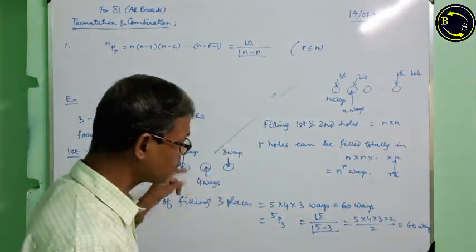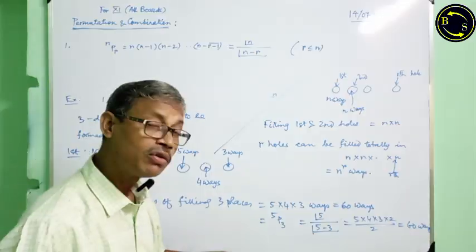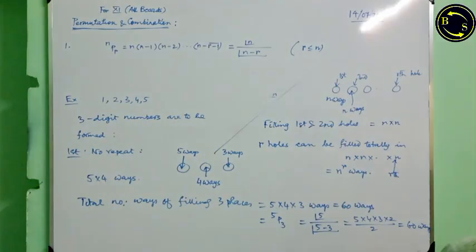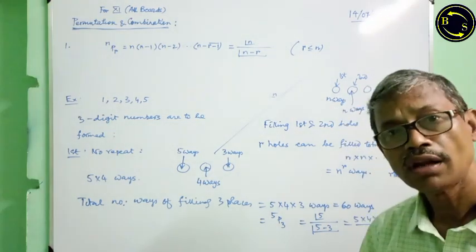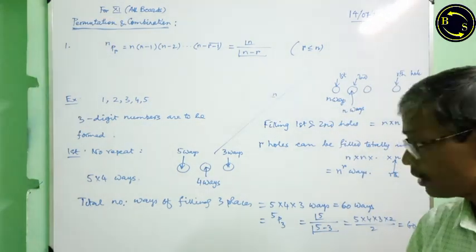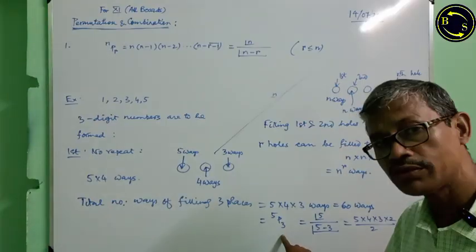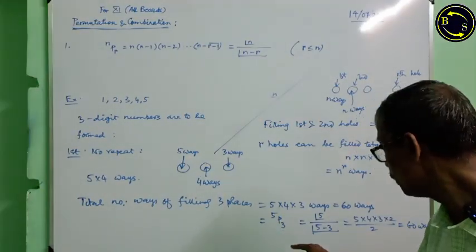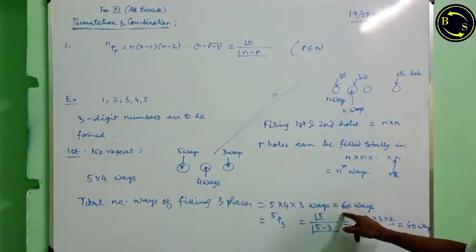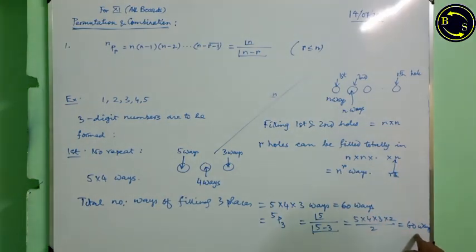And if we use the theory that out of n different things, taking r things at a time, total number of arrangements is nPr, where n equal to 5, r equal to 3. Therefore, 5P3. And if we calculate in this way, result will be 60 ways. Also in this way, 60 ways.